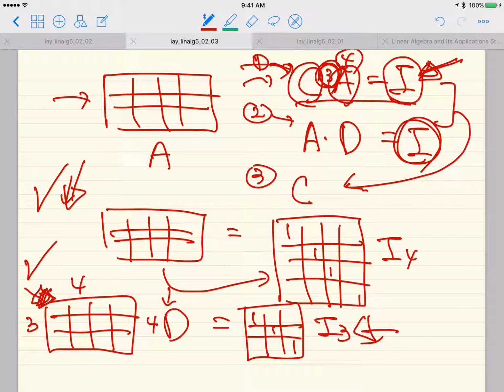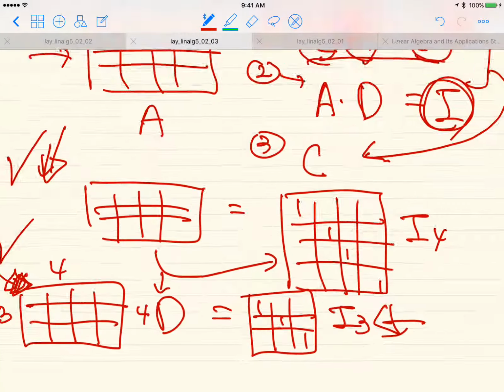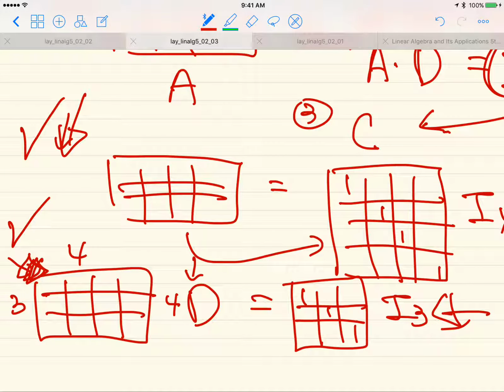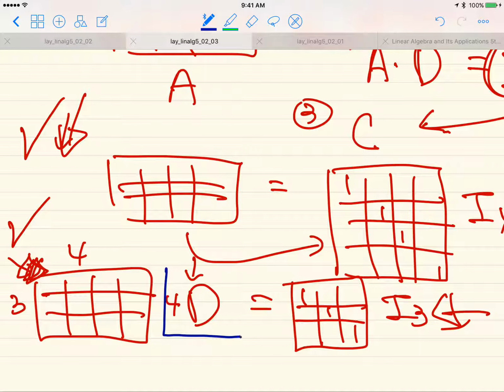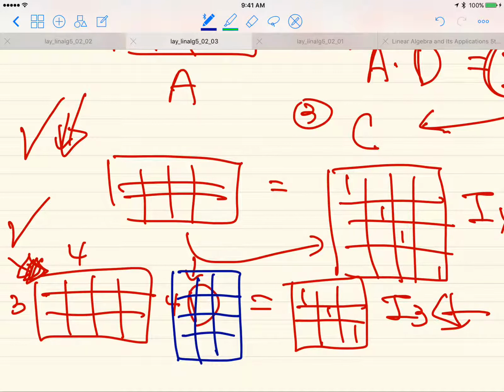At least in the second case, which resembles some linear systems, D should have the size of 4 by 3, right?